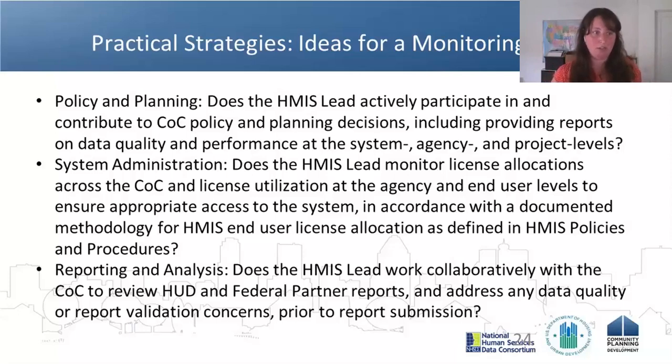So policy and planning. You could ask, does the HMIS lead actively participate in and contribute to COC policy and planning decisions? That could be a yes or no question. And if you don't look at the HMIS lead participating in COC policy and planning right now, start asking that question and checking it off the list.